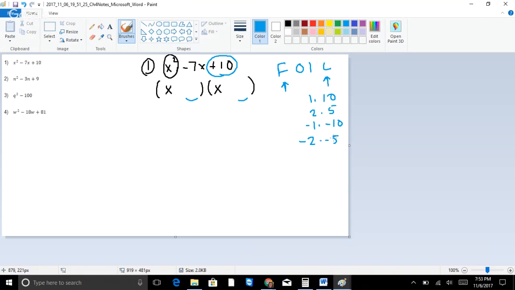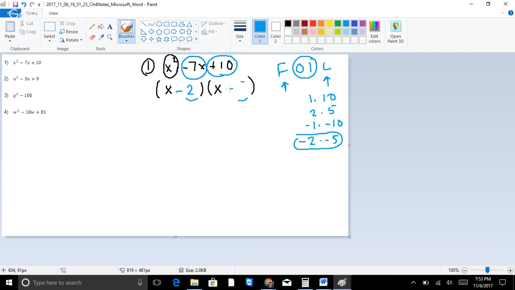When I look at these for my last term, all of these would work to get my plus 10 at the end. But in order for me to get my inside outside to be -7x, I need my last terms, when I add them together, to give me -7. So 1 and 10 give me 11. 2 and 5 give me 7, but it's positive. So I think I'm going to use -2 and -5.